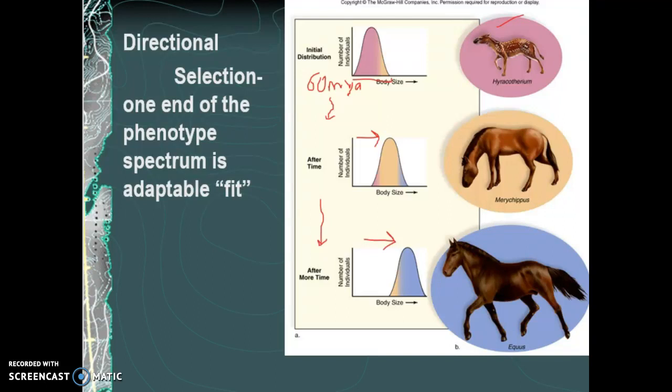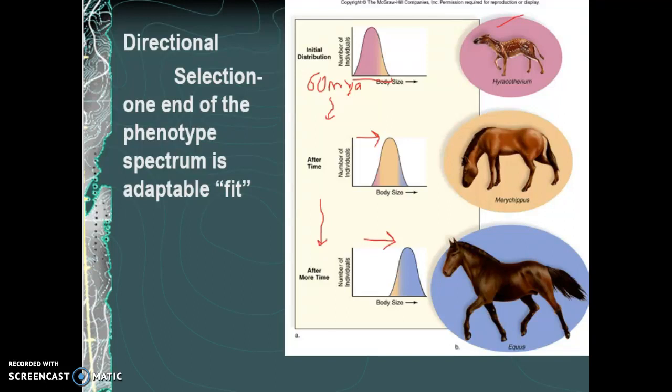They went from living in a jungle type of environment 60 million years ago to running across open grasslands in modern time. And being a larger animal was more adaptable. You're big, you're faster, you can escape predators easier. All those traits come together to make you more successful in that changing environment. So that is an example of directional selection.